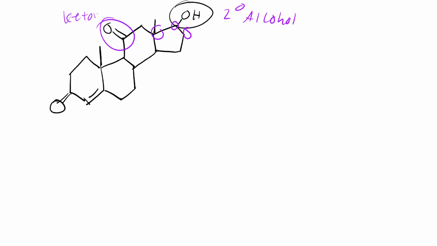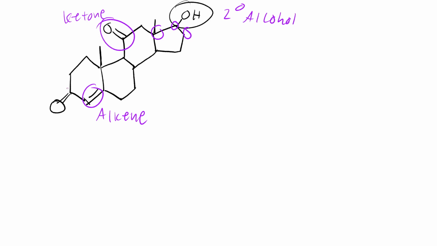So that's a ketone. Okay. And this is an alkene. We can do this because there aren't 2 other double bonds. There's only one. You can't do that with this other arrangement. That's bad. So that's an alkene.